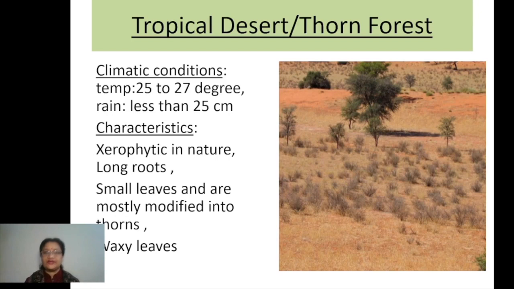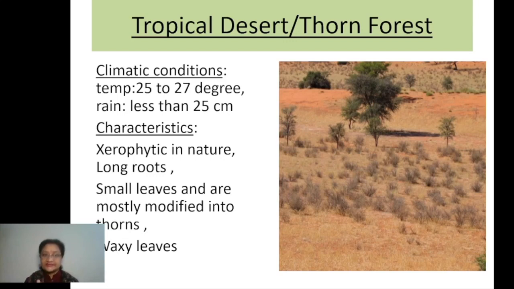One more thing you'll find, children. Generally, waxy stems are seen, or in some cases waxy leaves can be seen. The reason is again that they store water. The leaves have become very small in size to reduce the rate of transpiration.